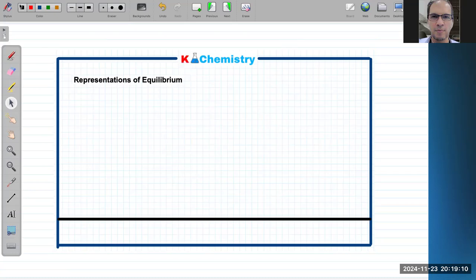When we drew the particles and changed them into a different look in the products, we'll do the same here, but for equilibrium. I have an example, the famous example N2O4 that forms NO2, or let me go to the example directly.